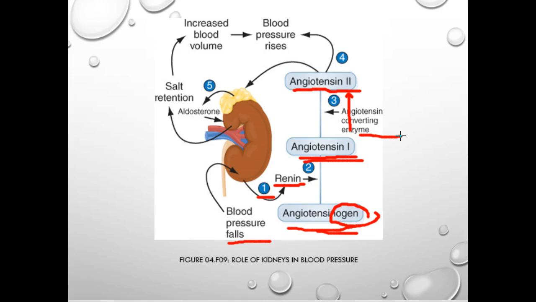This is where we get ACE inhibitors to work, right here. ACE inhibitors will stop that conversion of angiotensin 1 to 2. Angiotensin 1 is a mild form, which will also increase blood pressure, but it's very mild compared to angiotensin 2.